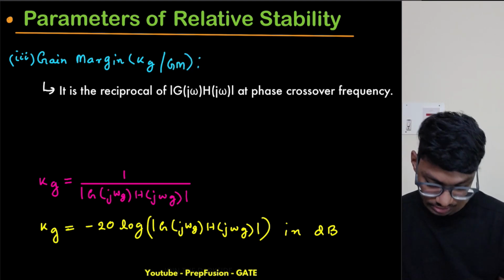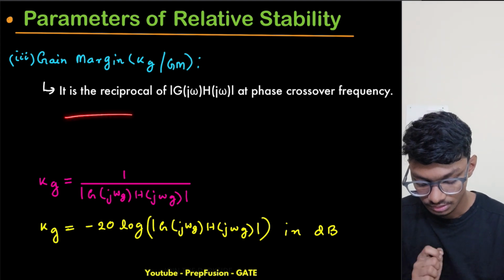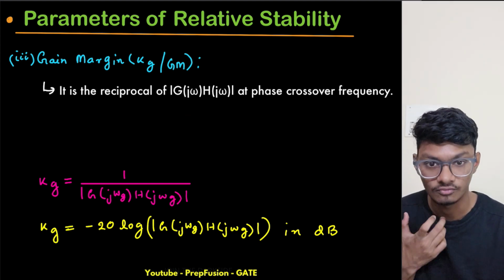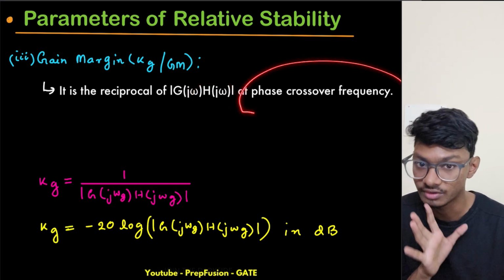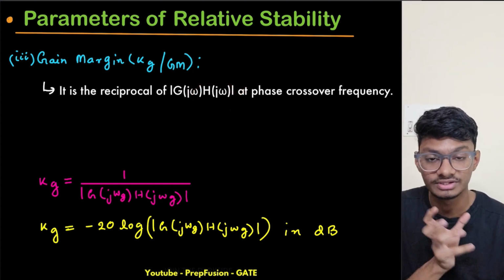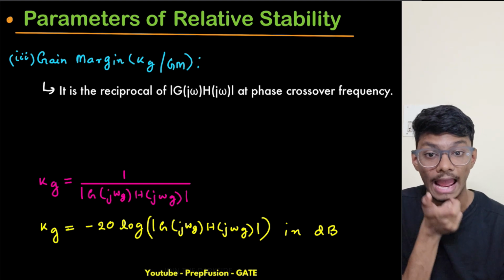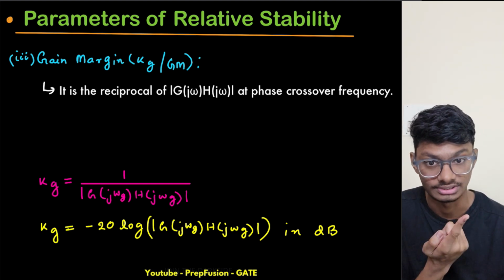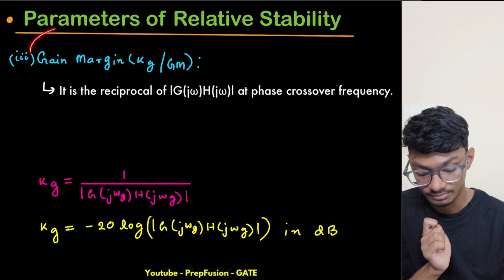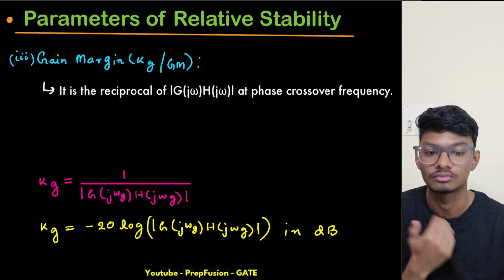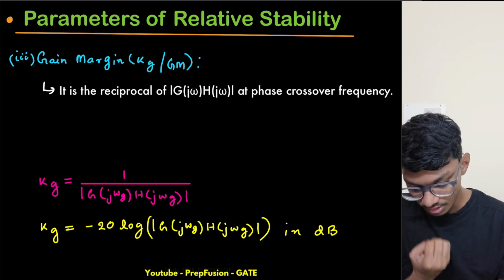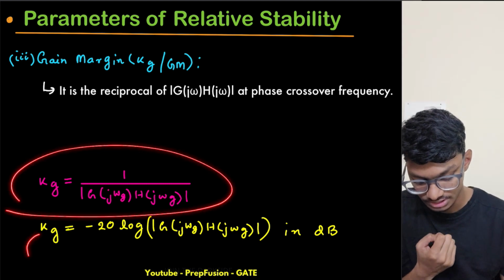It is basically the reciprocal of the magnitude of G(jω)H(jω) at the phase crossover frequency. We know the phase crossover frequency is the frequency at which my angle is minus 180 degrees. So gain margin is the reciprocal of the magnitude at that point. Why? We'll understand. This is defined like this in absolute values, and Kg in dB is defined like this.